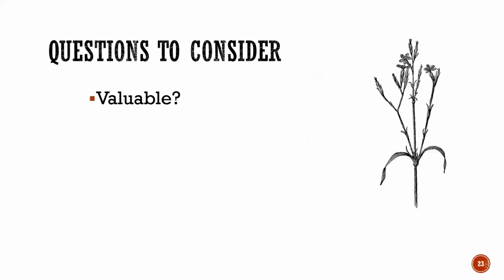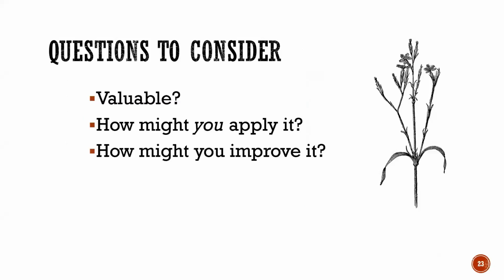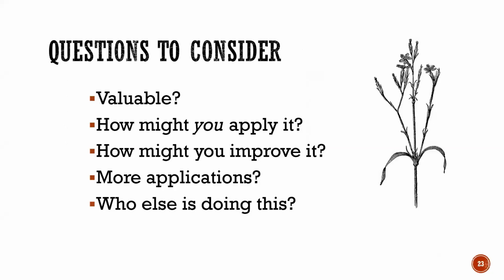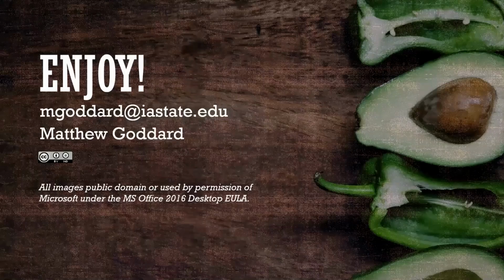If any of you have thoughts on the value of this idea, how you might apply it at your own institution, how you might refine this idea, further applications of it, if you are aware of where this has already been done, anything like that, I definitely want to make sure that we spur a good discussion here. So let's see, I guess I'll go into the Q&A.